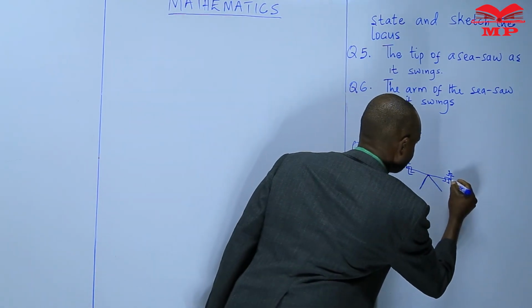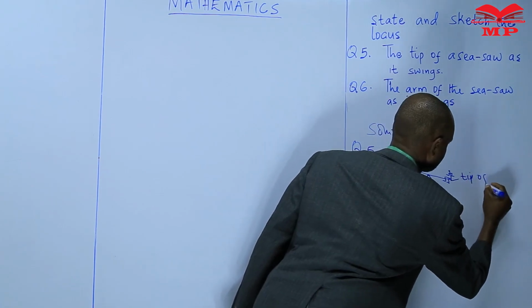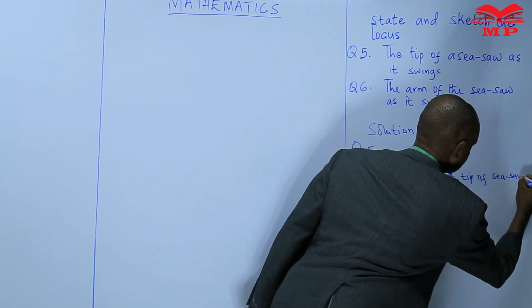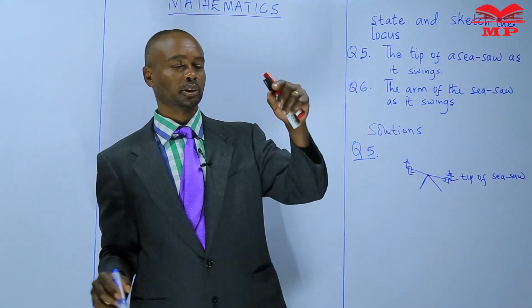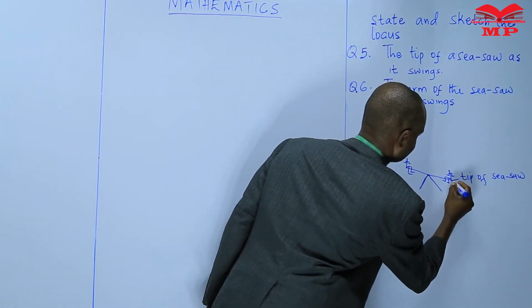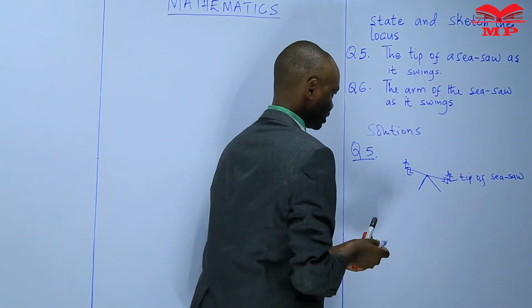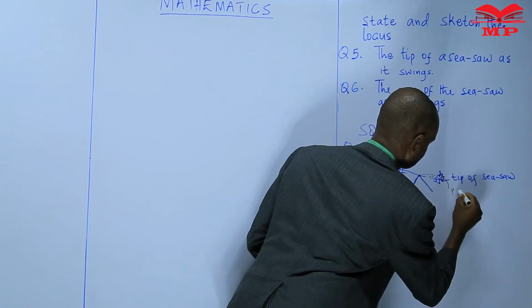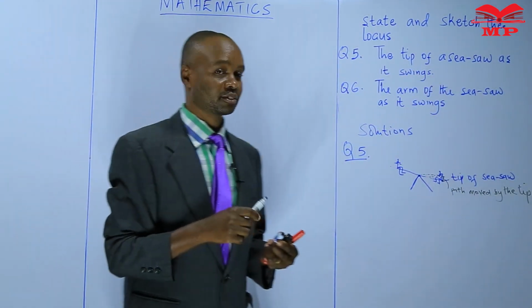So this is the tip. As the seesaw goes up and down, you'll find the tip will make a certain path. So after getting the diagram, there is a tip.